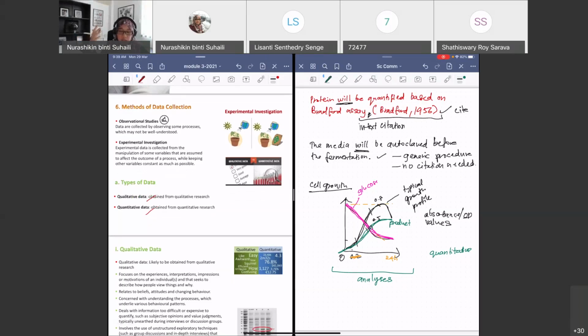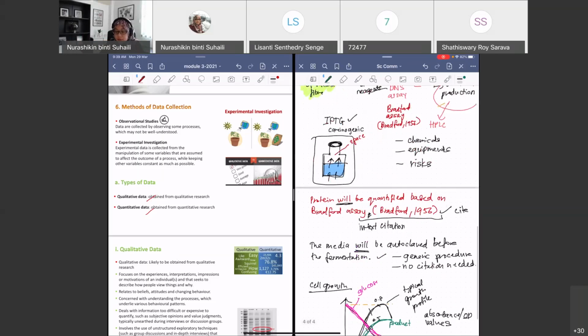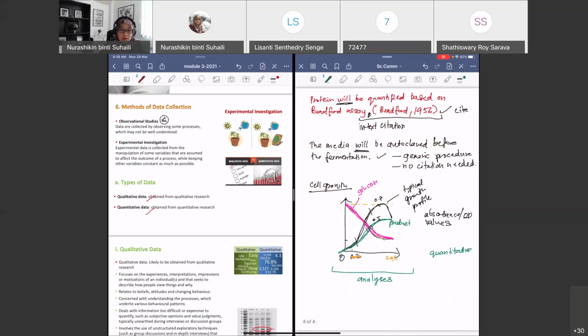So when you do research, you also have to find out whether your data falls under qualitative or quantitative, because that will determine your final outcome or result or conclusion. For example, in this bioethanol fermentation, your data is basically not qualitative.